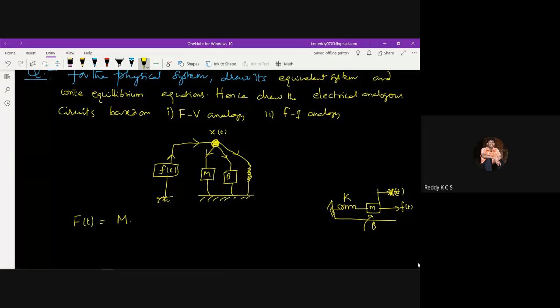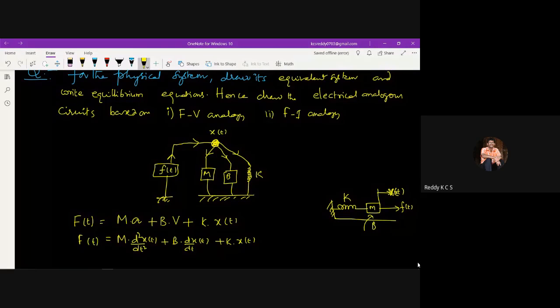So f(t) is equal to m into a plus b into v, the velocity, plus k, the spring displacement of x, x(t). So I can write m d²/dt² of x(t) plus b d/dt of x(t) plus k into x(t) equals f(t).